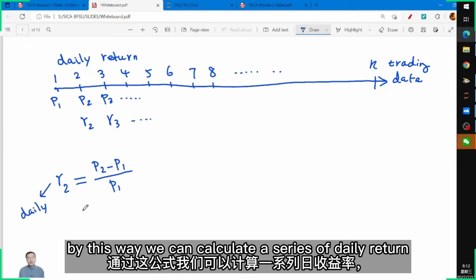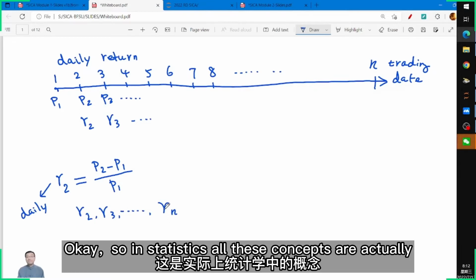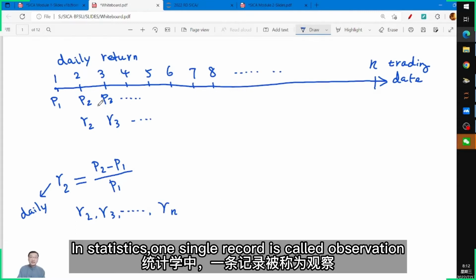By this way, we can calculate a series of daily return: R2, R3, and so on up to Rn. In statistics, one single record is called an observation.